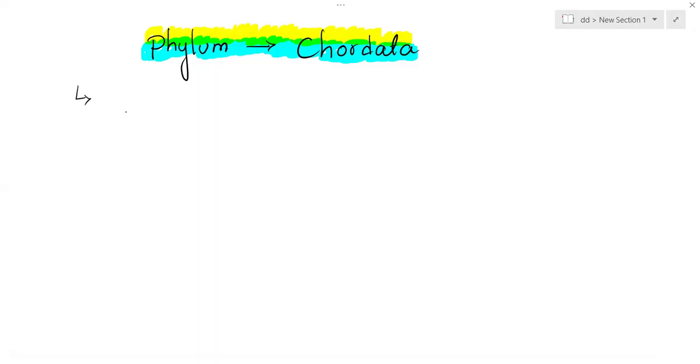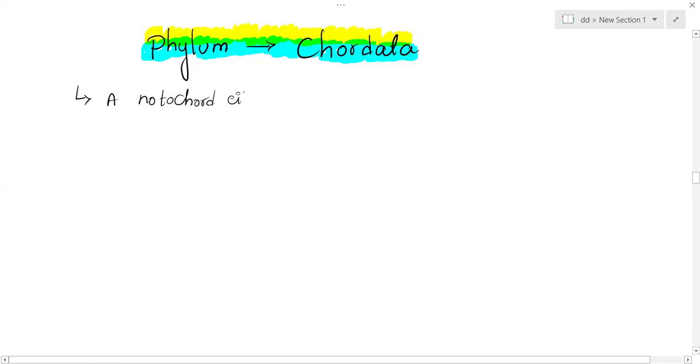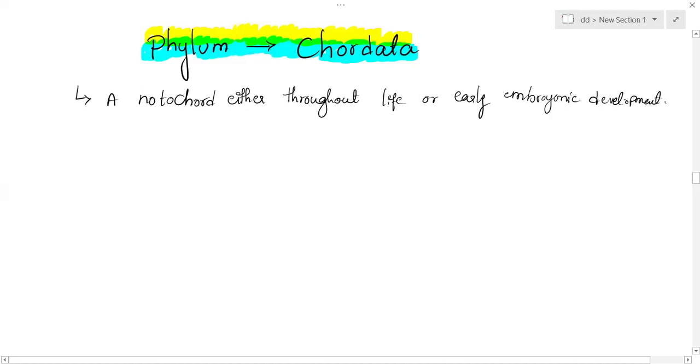So the notochord is either present throughout life or during the early embryonic development. We can see it throughout the entire life, or it could be present during the early embryonic development. That is the first feature.